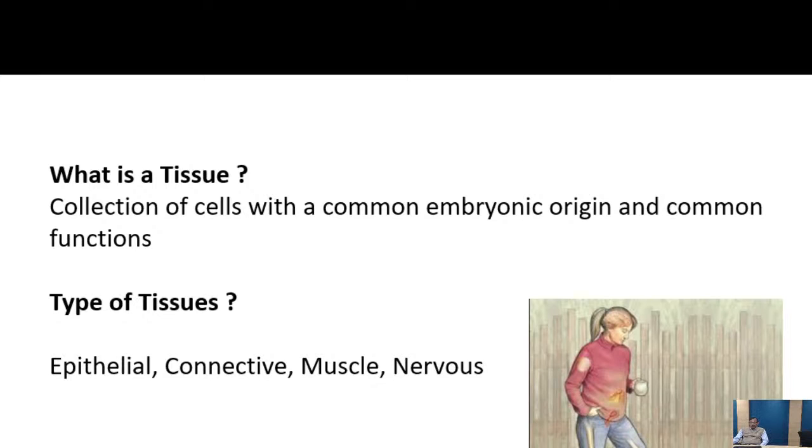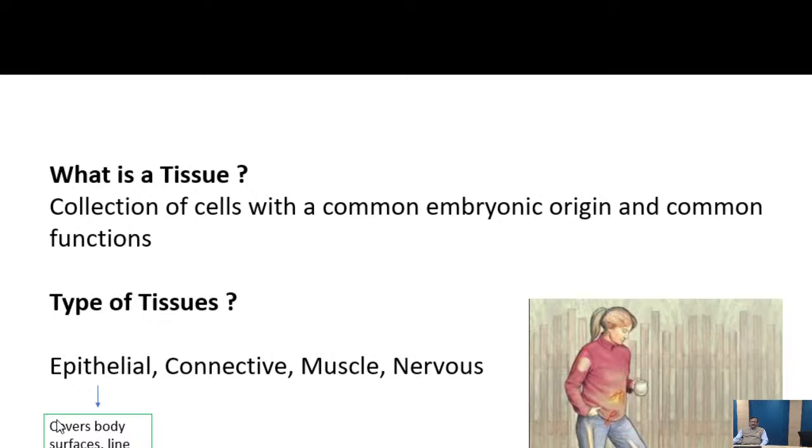It supports the organs from inside. It is a source of energy because a lot of fat can be stored within the connective tissue. When we say some person is obese, we actually mean that that person has extra connective tissue in his body, which contains a lot of fat cells. And it also has immune function. So these are some of the properties of the connective tissue.